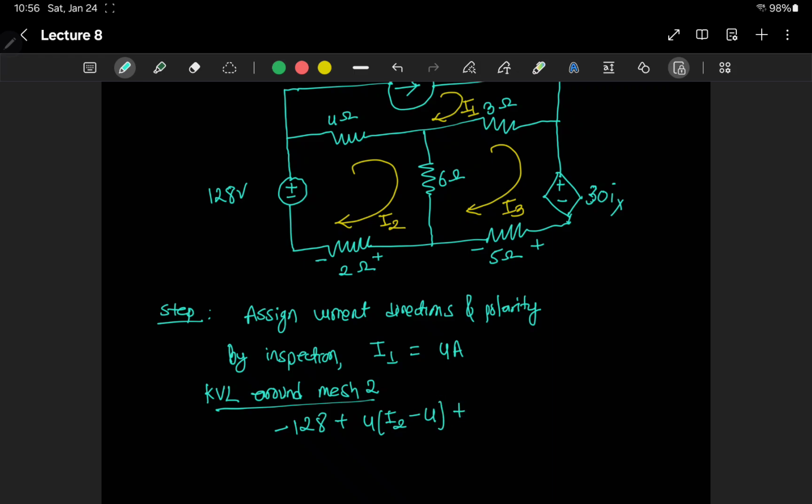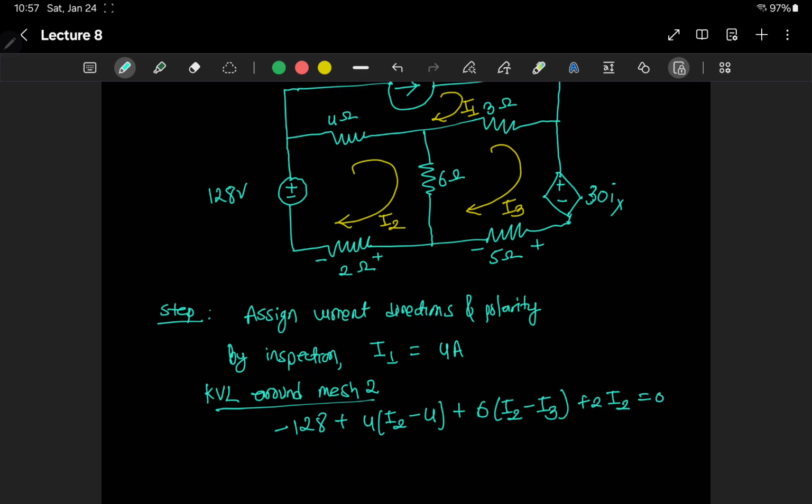Plus now we have a 6 ohm resistor, and the current I2 is flowing in the clockwise direction, but then I3 is going anti-clockwise, so that will be 6 times I2 minus I3 is equal to 0. Is that right? No, because we still need to consider this 2 ohm resistor, so plus 2 ohm times I2 is equal to 0. Now the loop is complete.